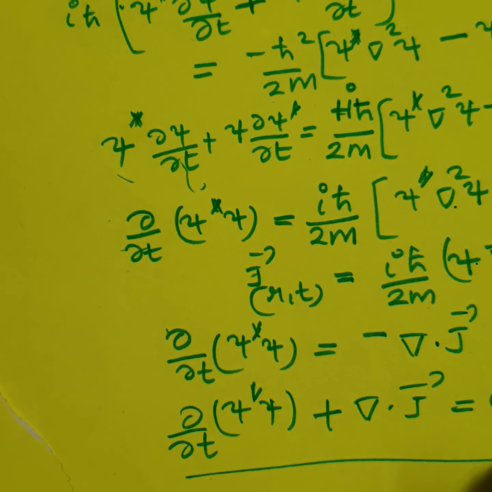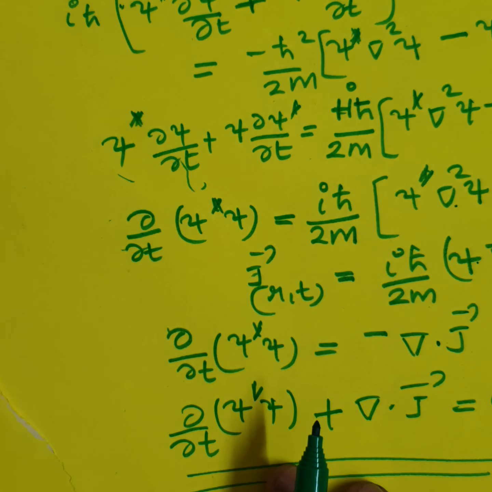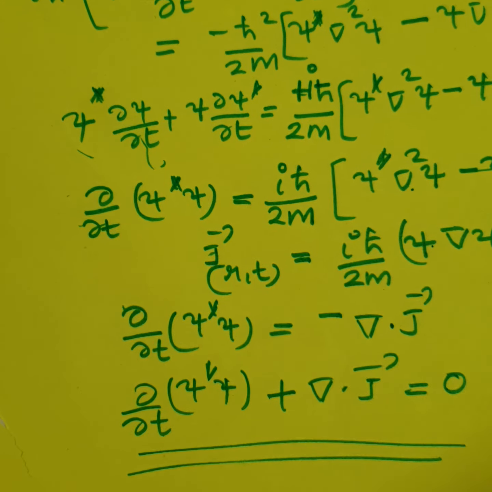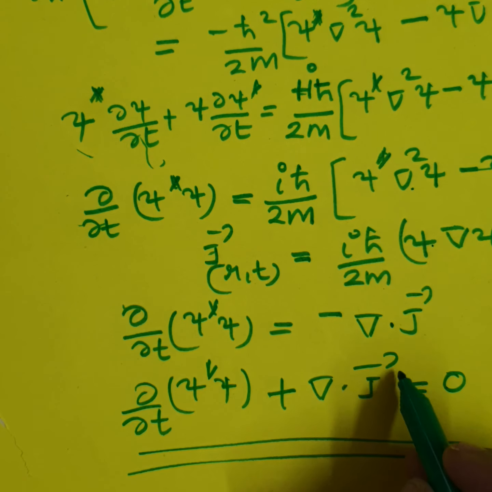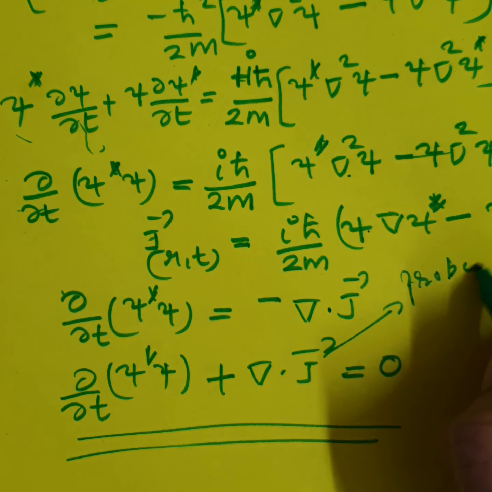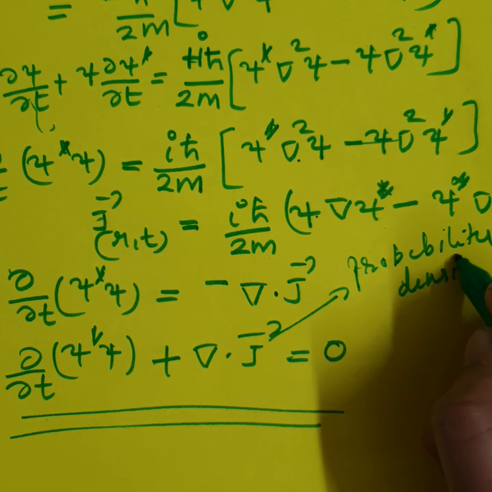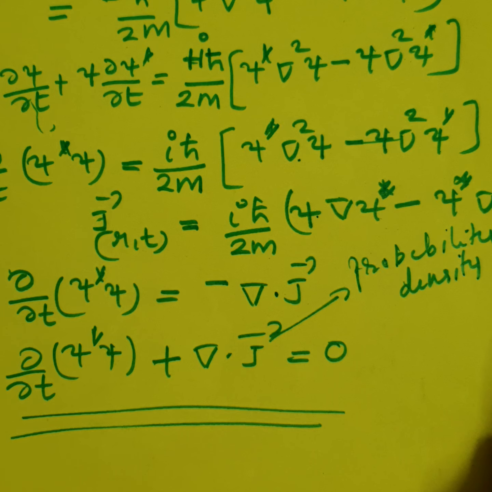This is the form of the equation similar to the equation of continuity in hydrodynamics, and the charge conservation in electrodynamics. So here the vector j is considered as the probability current density, which is the flow of probability across the unit area in unit time.